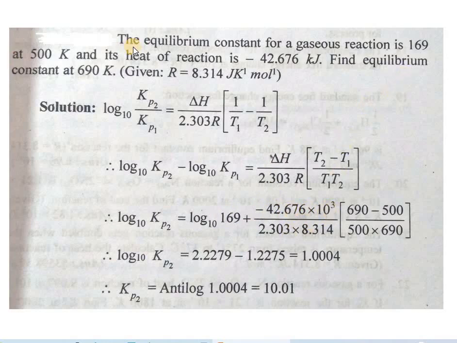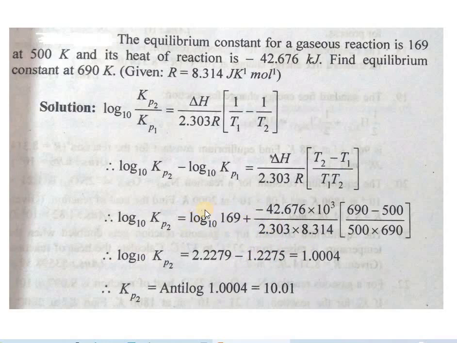This value is given in kilojoule, so we convert kilojoule to joules by multiplying by 10 raised to 3, upon 2.303 into the R value, 8.314, into the temperatures, T2 is 690 minus T1 is 500, upon 500 into 690. For these calculations, the value obtained is this.